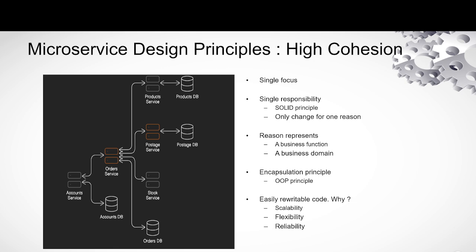At the same time, the system is more flexible because we can upgrade or change the functionality of a specific business function or business domain within our system. And then we have reliability because overall we are changing a specific small part within the system without affecting the other parts of the system.